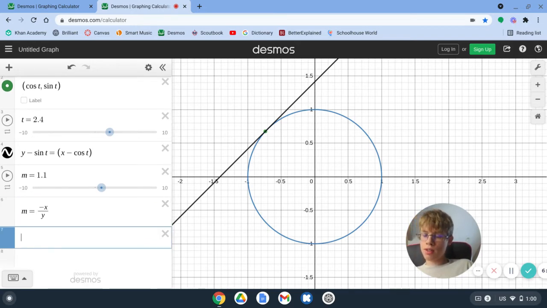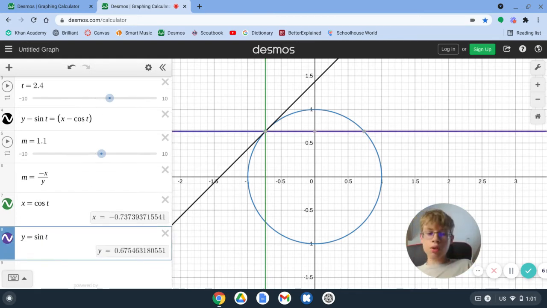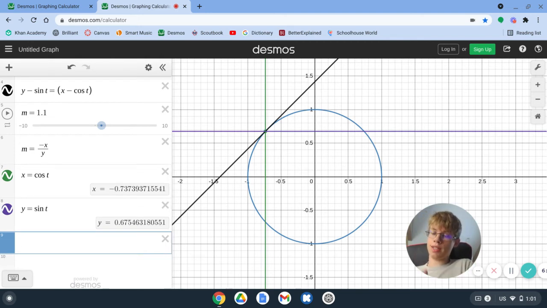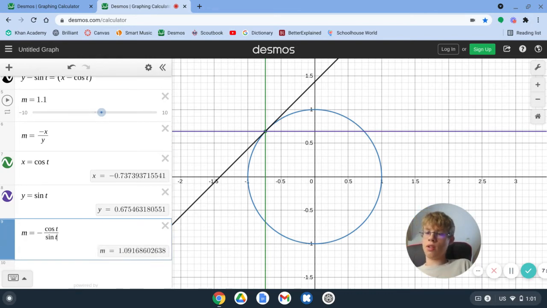But keep in mind that x, we said, was equal to cosine of t. Y was equal to sine of t, right? So let's just plug in cosine of t and sine of t into this formula for the slope and see what comes out. So we get that the slope m is equal to negative cosine of t, we're replacing that for x, and sine of t, right?